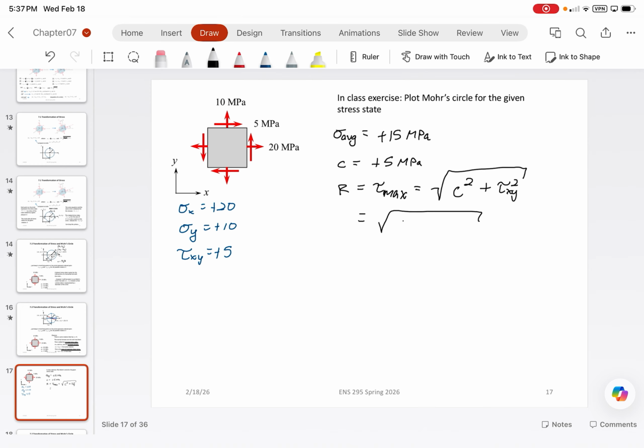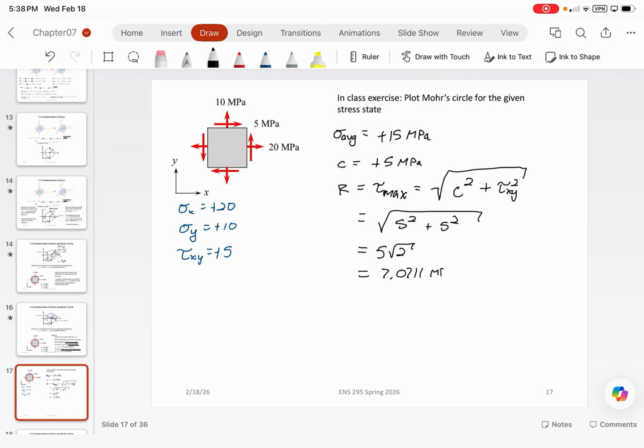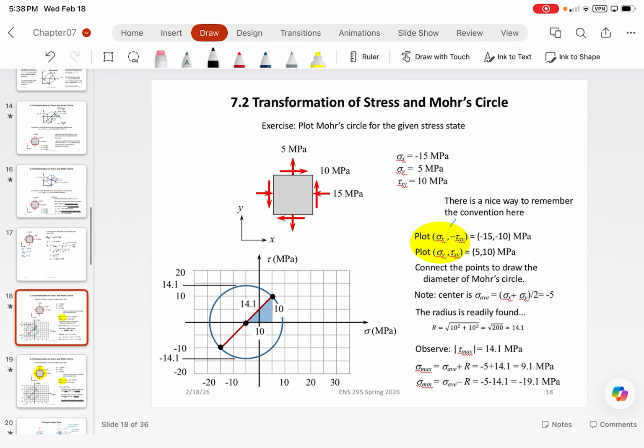So square root of 5 squared plus 5 squared, it's going to give us 5 root 2, which is approximately 7.0711 megapascals. Make sense? Awesome.